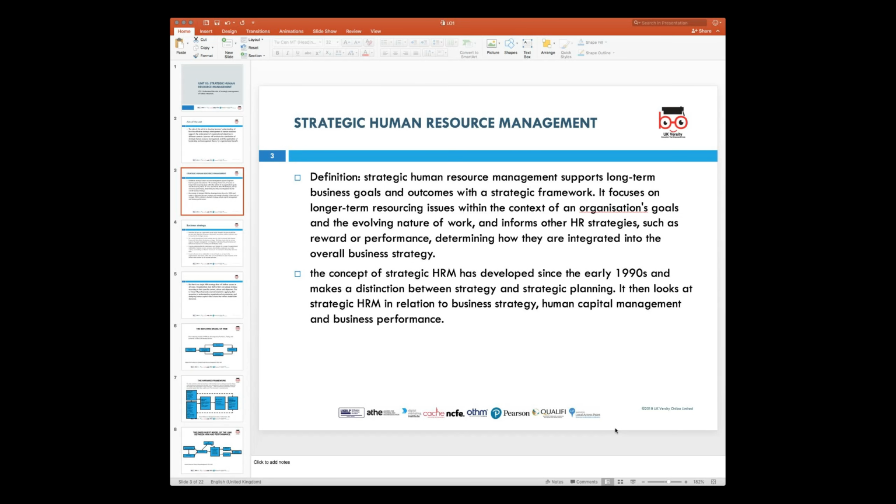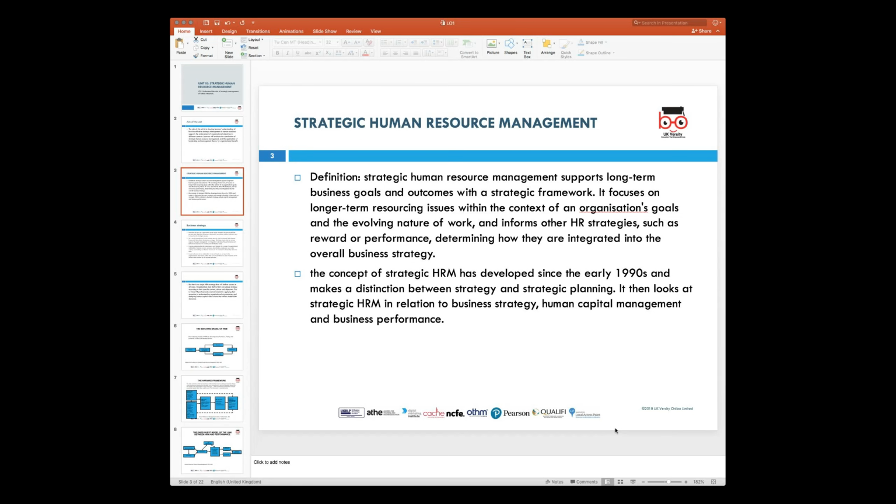Now, SHRM is more oriented towards understanding how the human resources side of things works in relation to business strategy, and the performance of its resources in terms of human capital, people, as against the operational aspects of traditional HR, looking at training and development, recruitment, selection, and things like that.